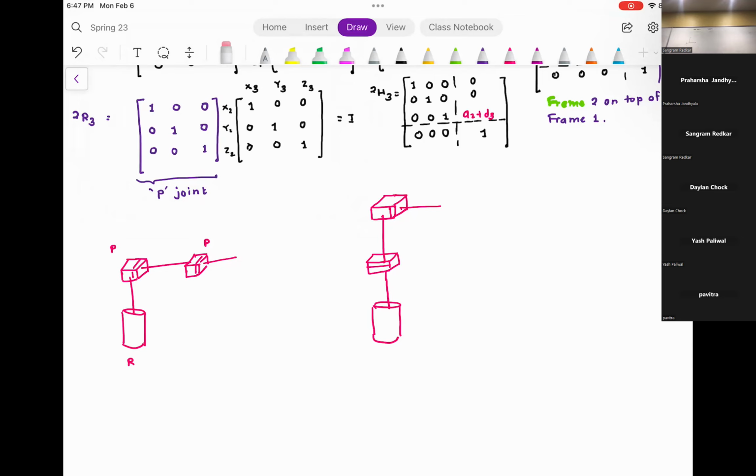Let me tell you, many times you can just look at the robot arm and tell what the forward kinematics is going to look like. For the first robot arm, I want you to build this intuition. You agree with me? This is a revolute joint, which will revolve this lever arm.